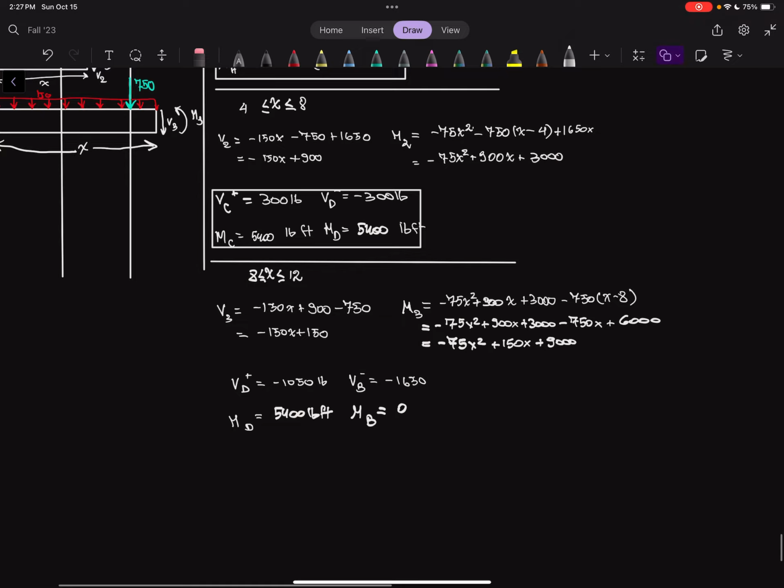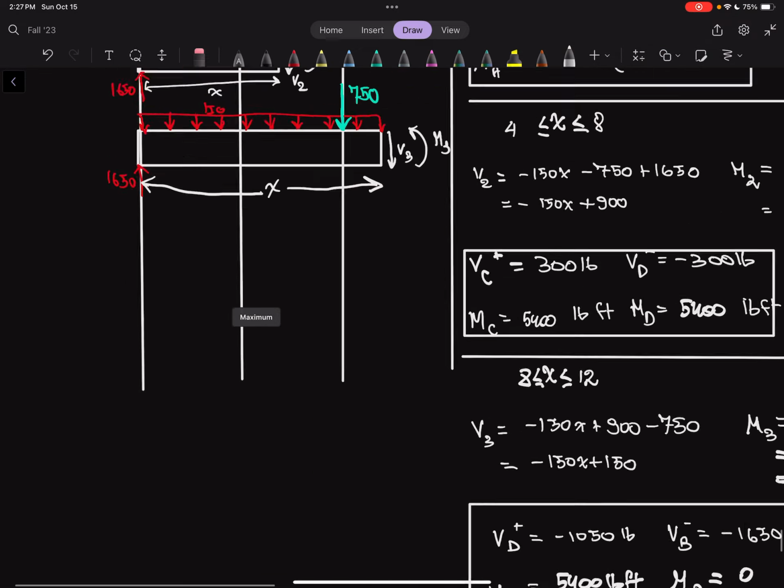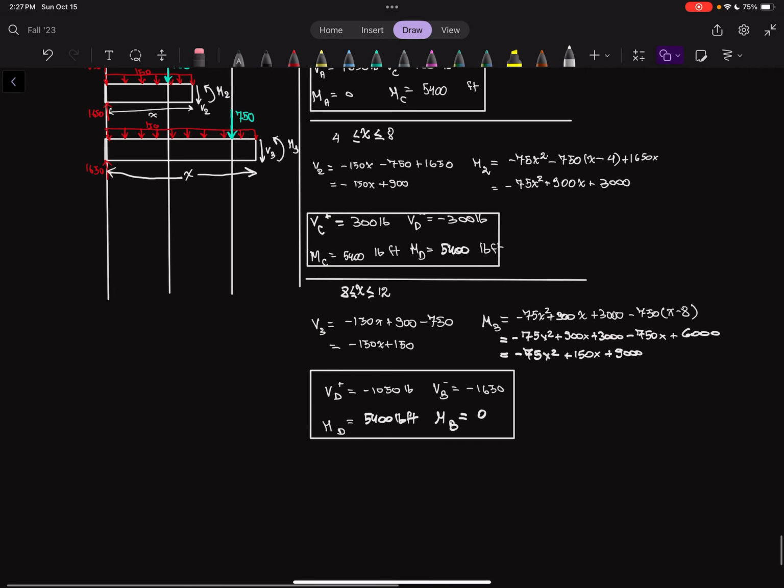Okay, so now we can go ahead and do our shear and bending moment diagram, because remember, we're after the max moment. And don't give up, we're almost done. Okay, so we're extending these, and then what else?